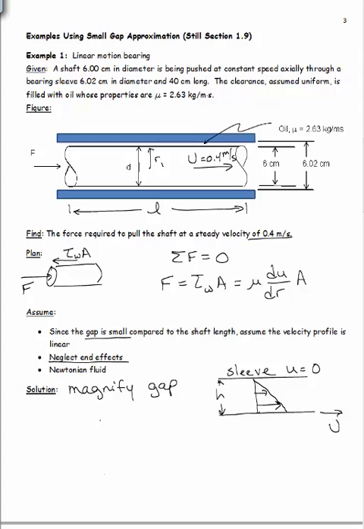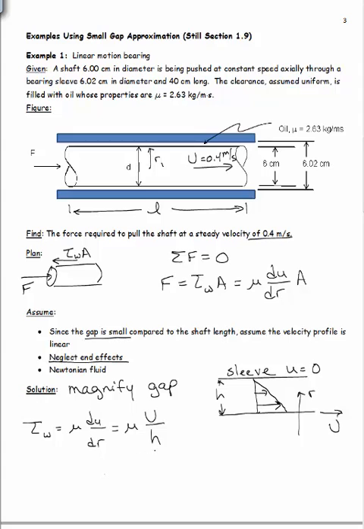So what we can do then is just say tau is mu du dr in this case, because this is in the r direction. Okay, but for small gap, that's going to be mu times u at the bottom minus u at the top, since one is 0, over h. Okay, we're not going to worry so much about the direction of this. We can figure from this picture how that's working out.